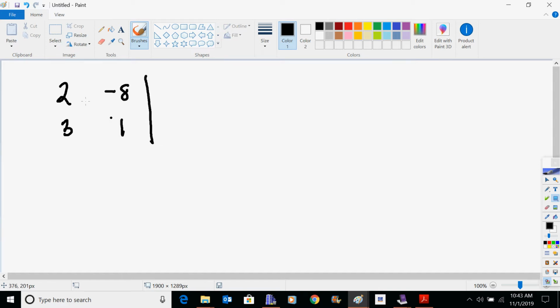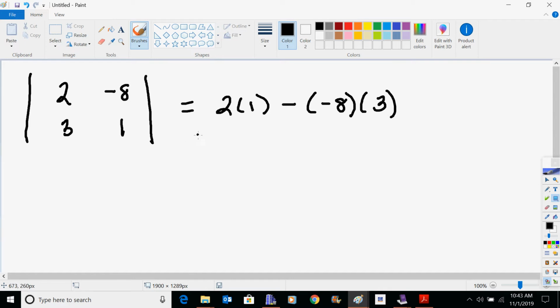And I want to find this determinant. So in order to do this, I need to multiply down around this way. So I need to take 2 times 1 minus -8 times 3. So pretty nice process. We end up with 2 plus 24.